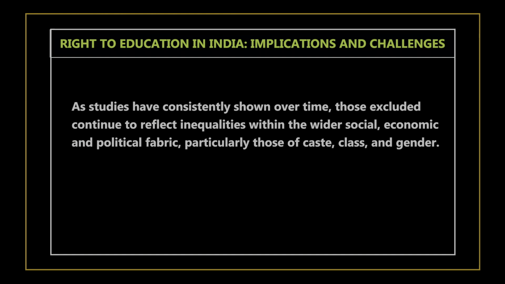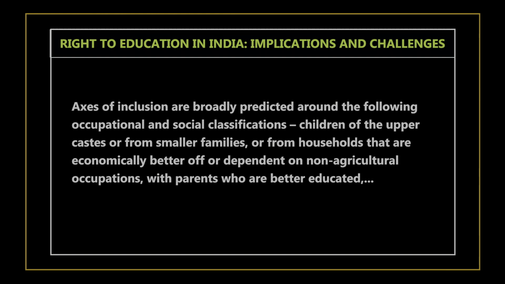As studies have consistently shown over time, those excluded continue to reflect inequalities within the wider social, economic and political fabric, particularly those of caste, class and gender. Axes of exclusion are broadly predicted around the following occupational and social classifications.